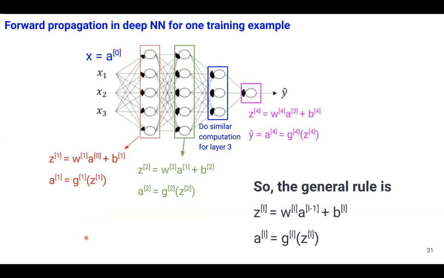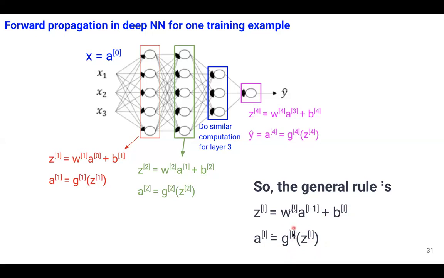And then, somebody was asking this question if we can go a2, a3. So obviously you can. It's exactly the same computation in every layer. So if you say X as a0, then you can generalize this pattern here as z[L] equal to W[L] a[L-1] plus b[L], and then we apply some activation function on z[L].